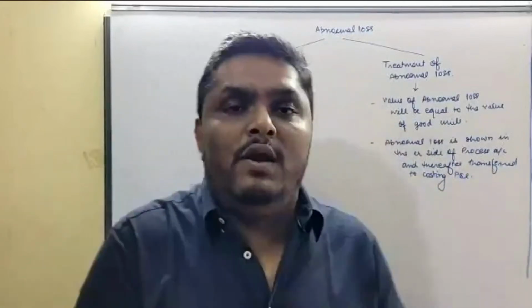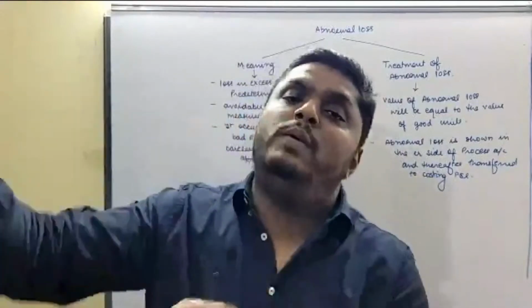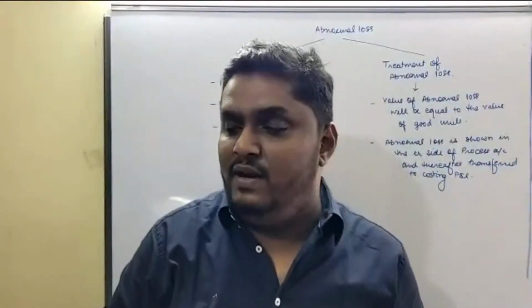So ये जो abnormal loss होता है ये credit side of process account में हम लोग show करेंगे and thereafter it will be transferred to costing P&L.